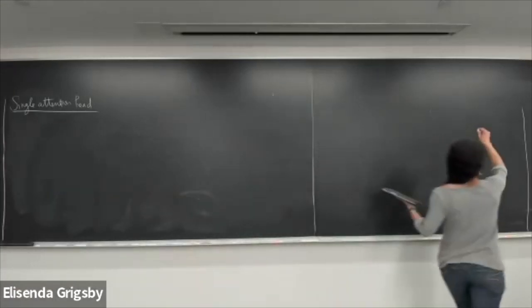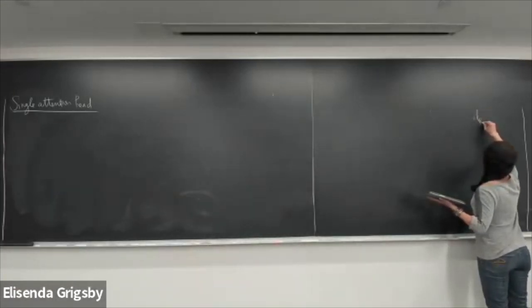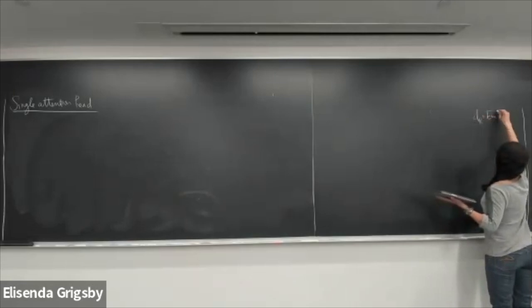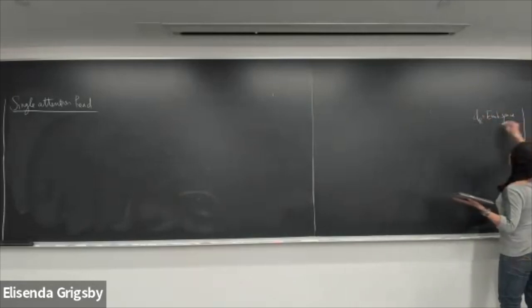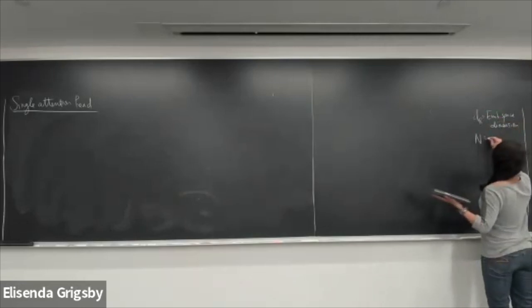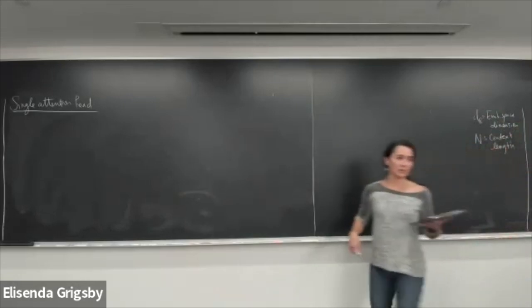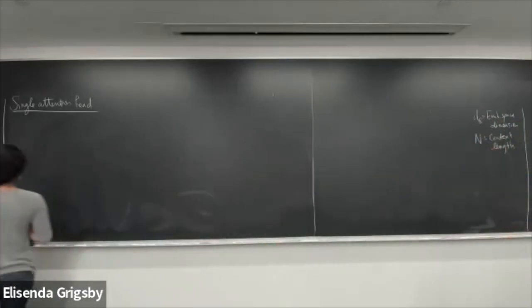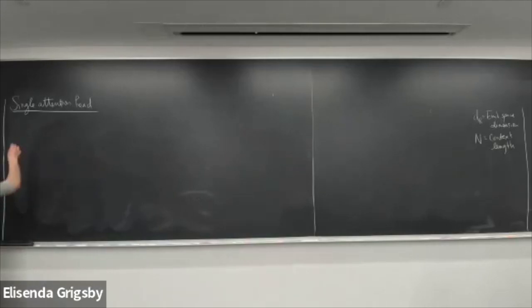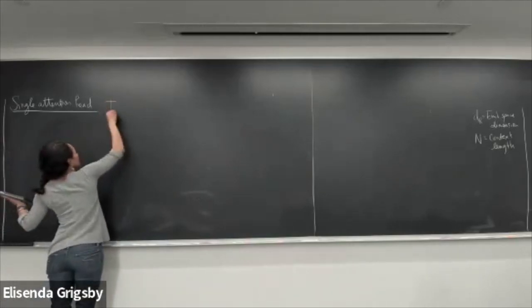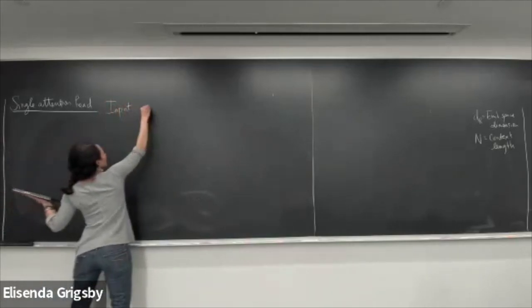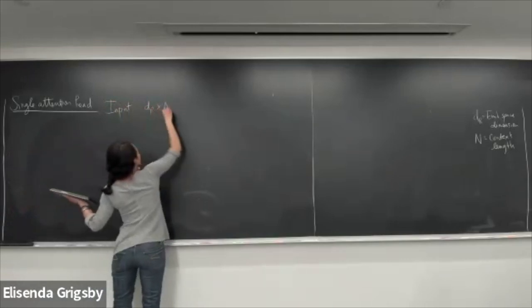Remember, dr is the dimension of the residual stream, and n is the context length, so it's the number of tokens in the sequence that the transformer is reading in.